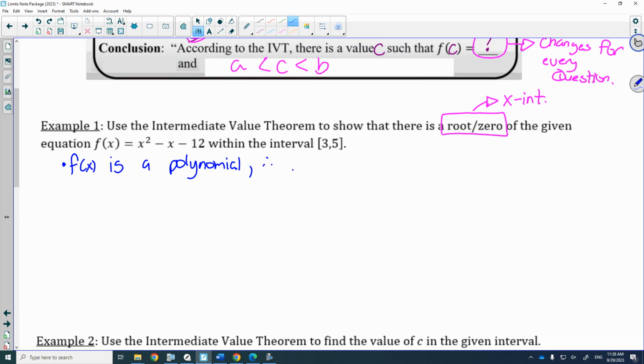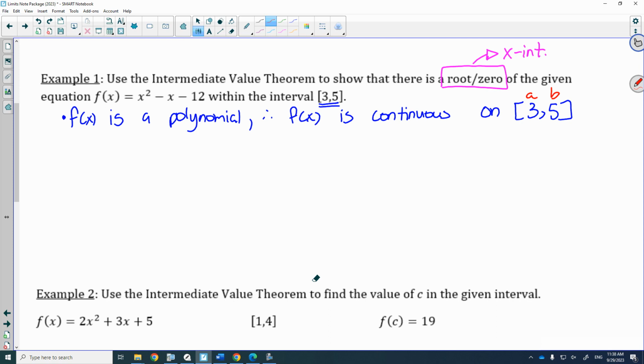Therefore, f of x is continuous. It says all polynomials are continuous on this interval that we're looking at, my polynomial from 3 to 5. This is like my a value, and this is my b value. So we're going to look at this graph from x equals 3 to x equals 5, that little piece of the graph. Okay?